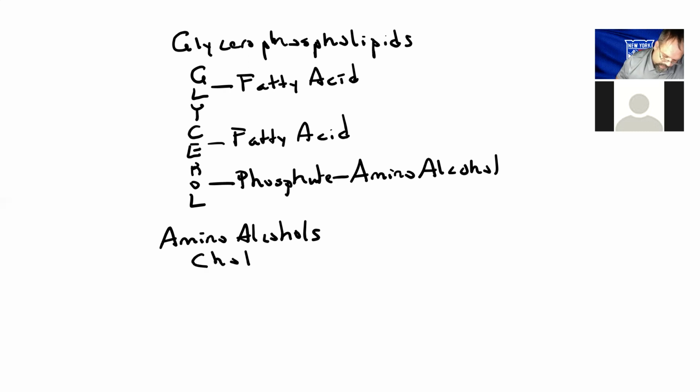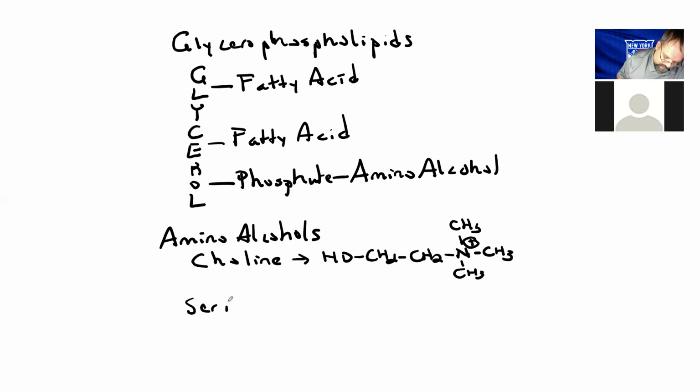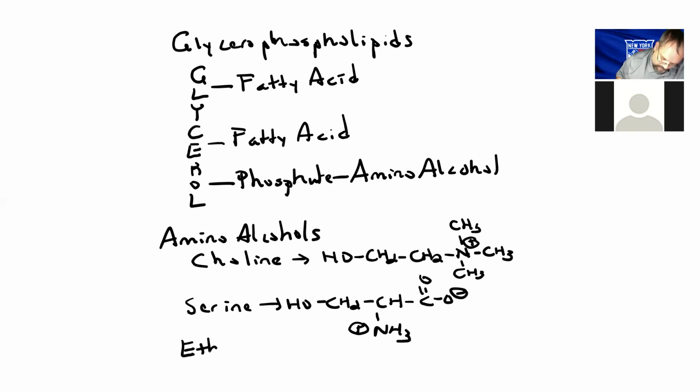So you have choline, which has the following structure associated with it. You have serine, which has the following structure associated with it. And then you have a compound known as ethanolamine, which has the following structure associated with it.